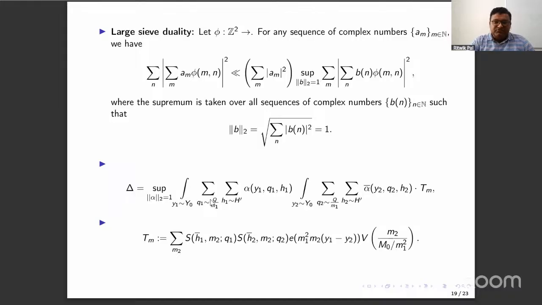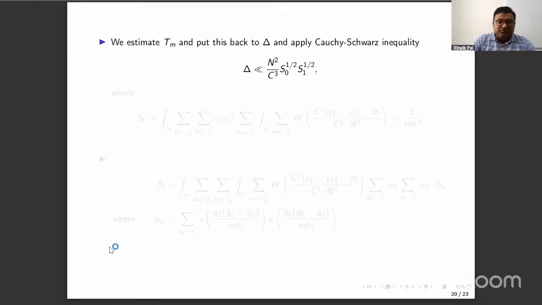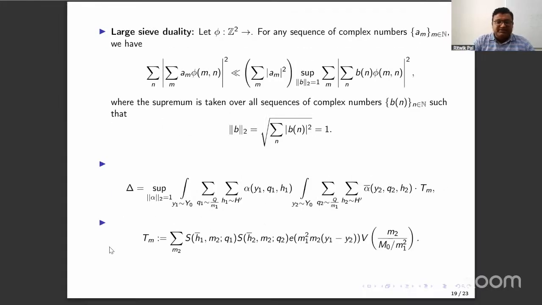In Delta, after applying the large sieve duality and opening up this absolute square, you have a sum over Q1 H1 and a sum over Q2 H2, along with a Kloosterman sum twisted with exponentials, this Tm. The estimation of Tm was quite a challenge. We estimate Tm, and it involves a lot of character sums.